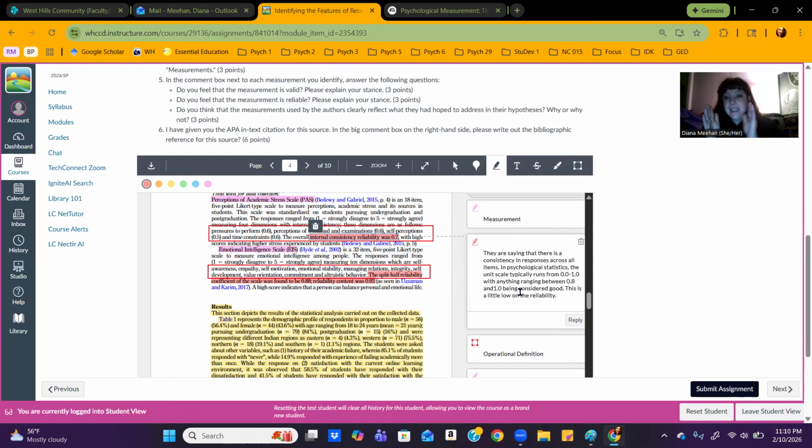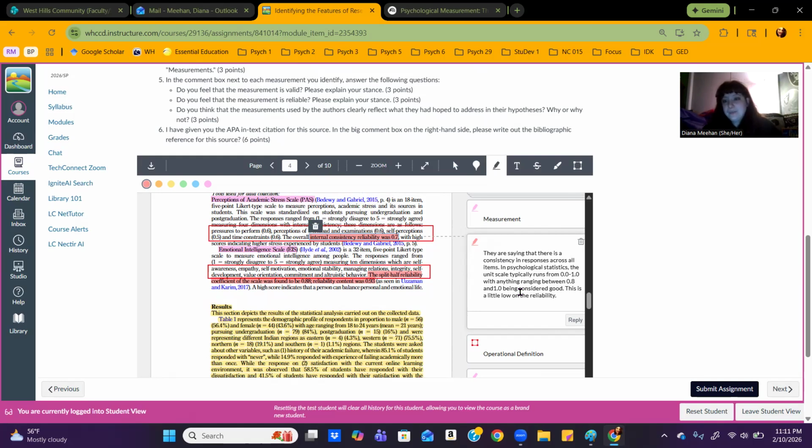And anything that's about 0.8, 0.9, or 1 is considered really good and really strong. So something that's a 0.7 falls just below that, and there's some variability there that isn't as consistent as it could be. It isn't as reliable as it could be.